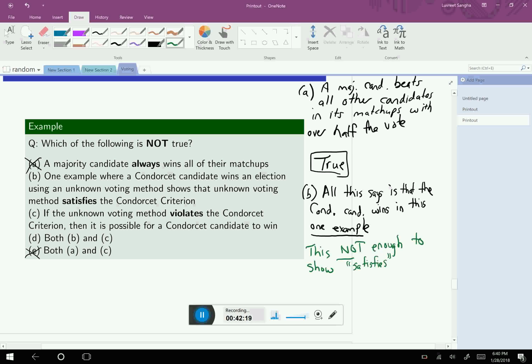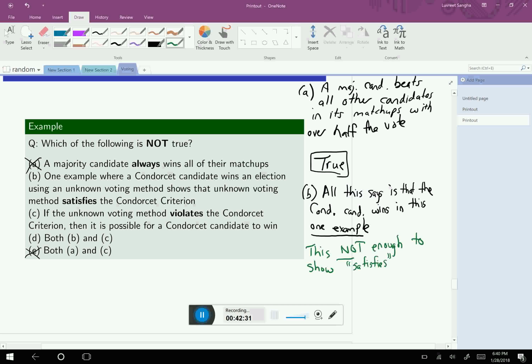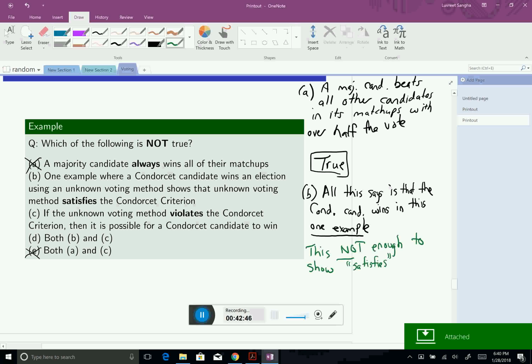In general, one example is not enough to show satisfies.